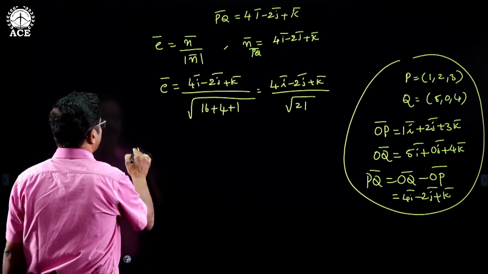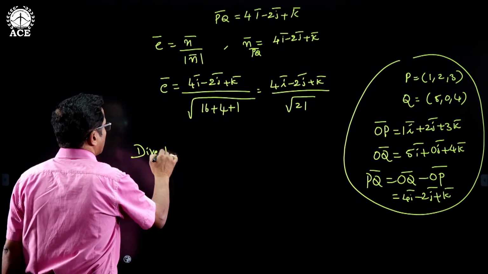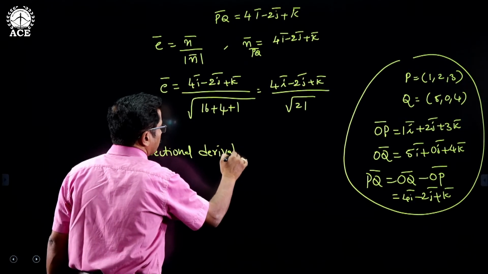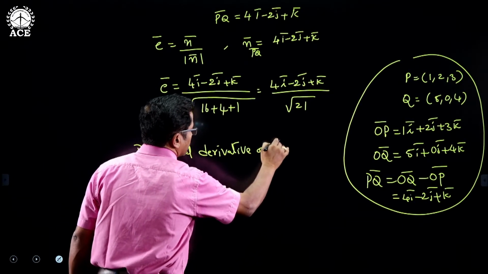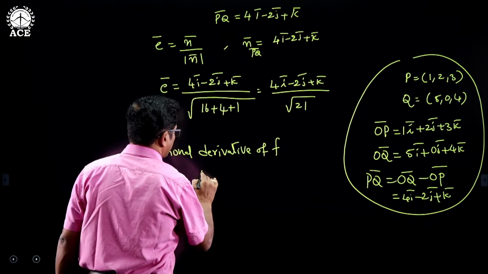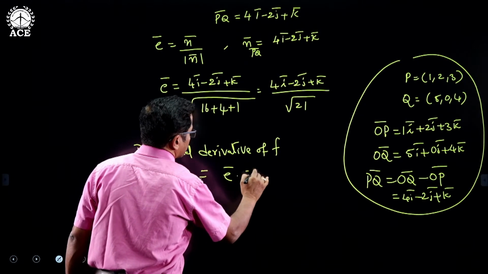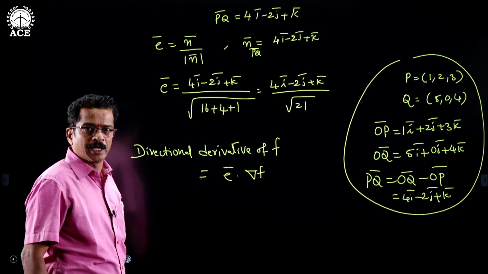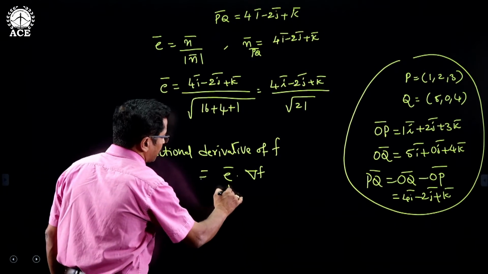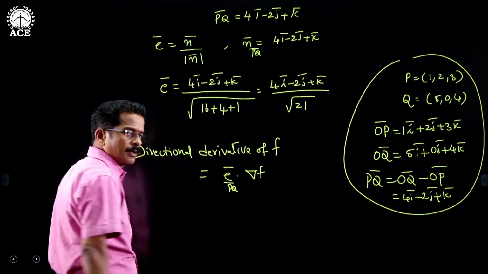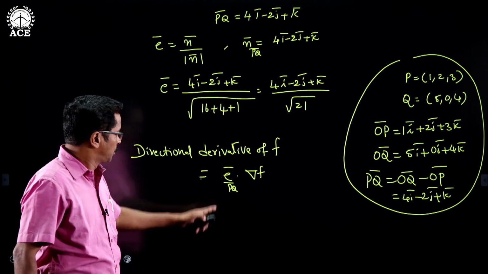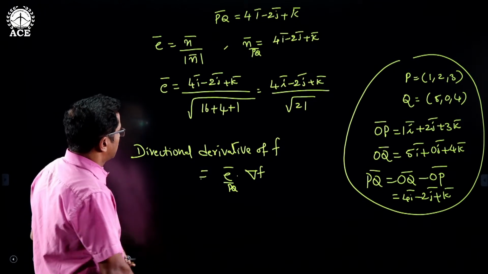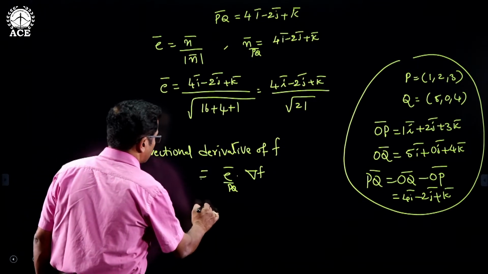So now the directional derivative of F equals E bar dot del F. E bar is evaluated along the line PQ bar, using the PQ bar into del F. So what is E bar here?